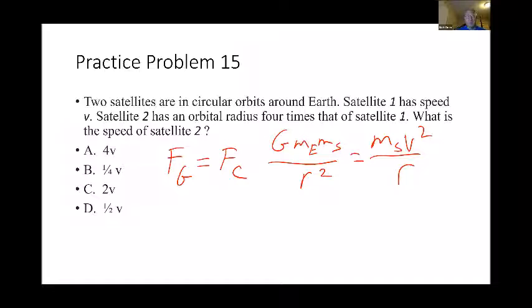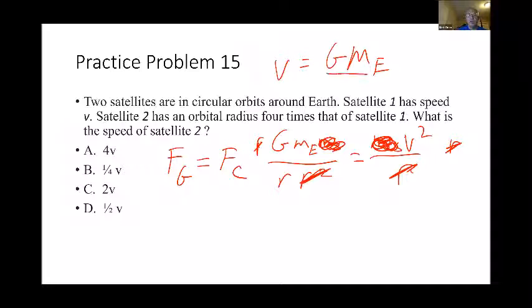Let's solve for the speed. So let's multiply both sides by r. One of these cancels out. And then let's divide both sides by the mass of the satellite. So that's going to cancel over here. It's also going to cancel over here. And then let's take the square root of both sides to get v equals the square root of G M_E over r, the square root of that whole quantity.